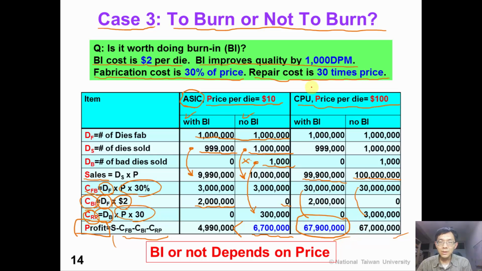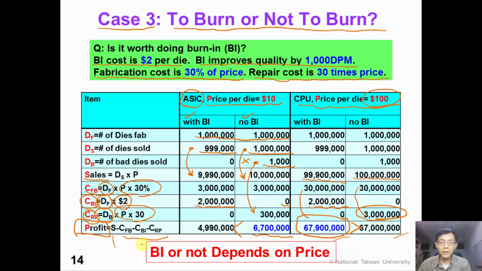This is because the CPU price is much higher, so the cost of burning is not very significant compared with the other costs. However, the repair cost is much higher for CPU, so it's economically better to perform burning.